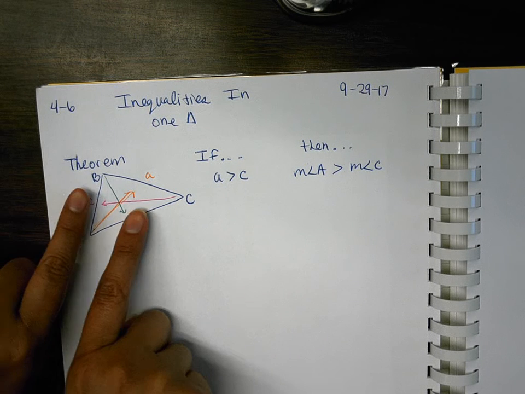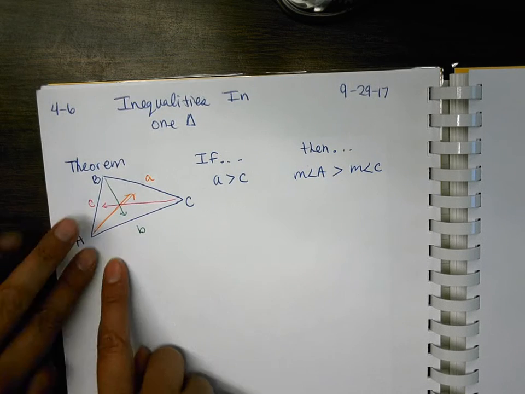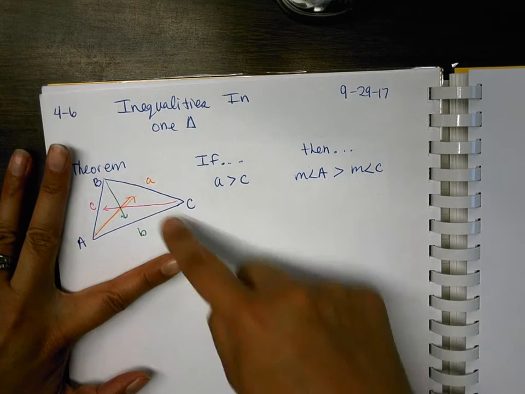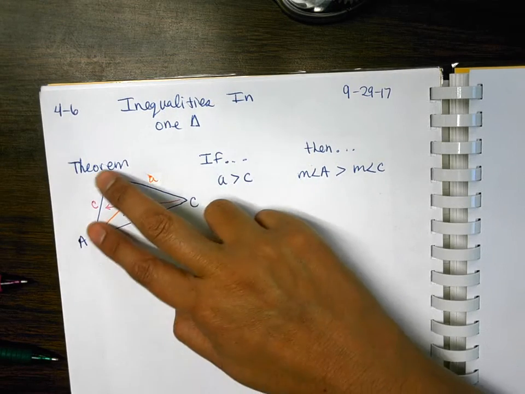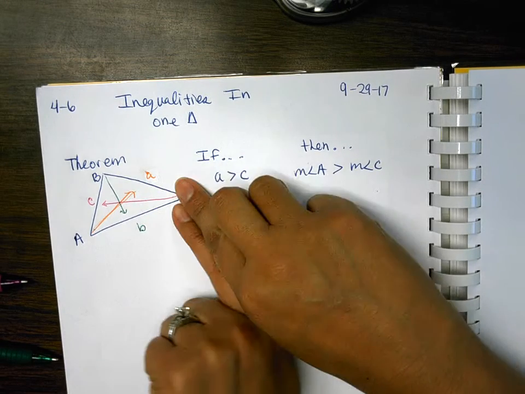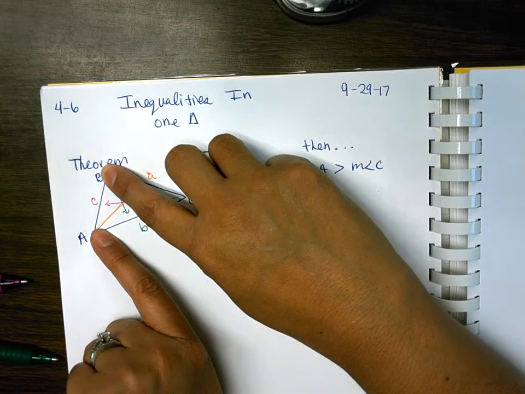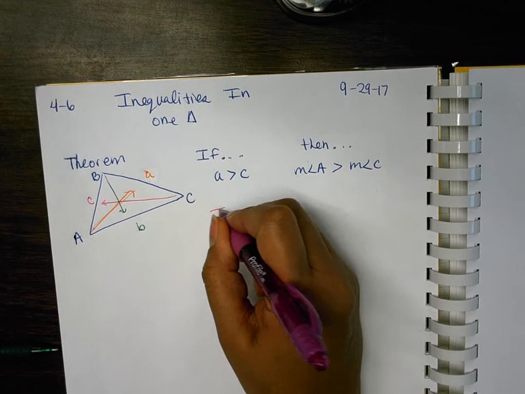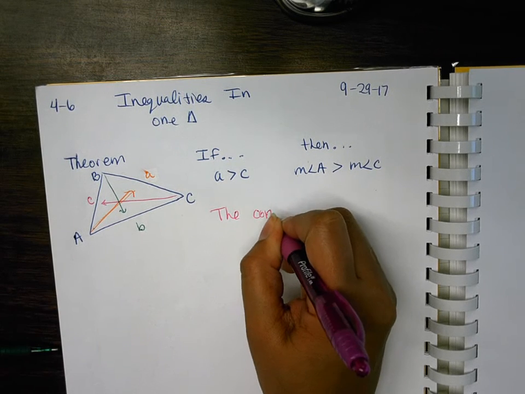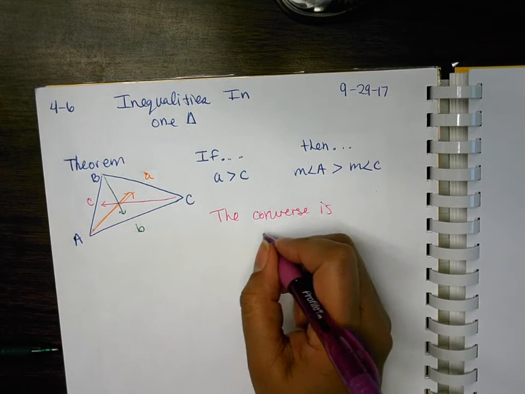I'm hoping it does make sense because if A is longer than C, then do you agree angle A has to open up wider to adjust to that side? And if C is smaller, then this angle is not going to open up as wide to connect to that side there. Does that make sense? Yes? All right. I'm going to put here that the converse is also true.